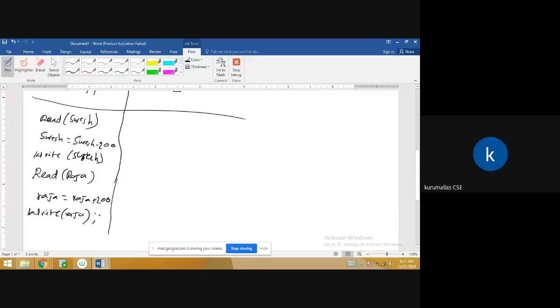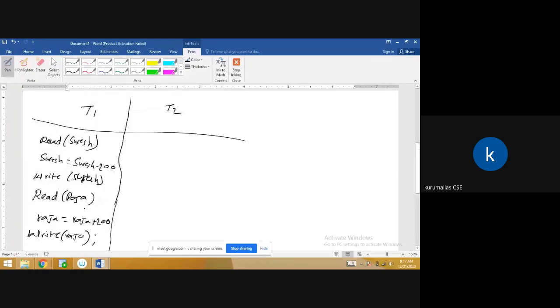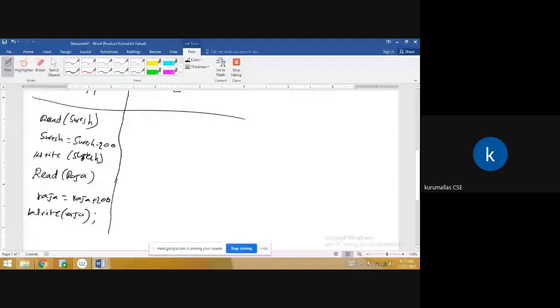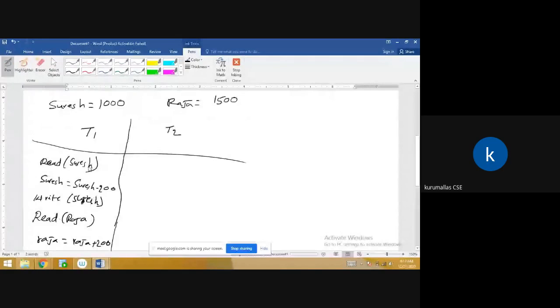This is the T1 transaction. Suresh's initial amount is 1,000 rupees. After reducing 200 rupees, it is 800 rupees.